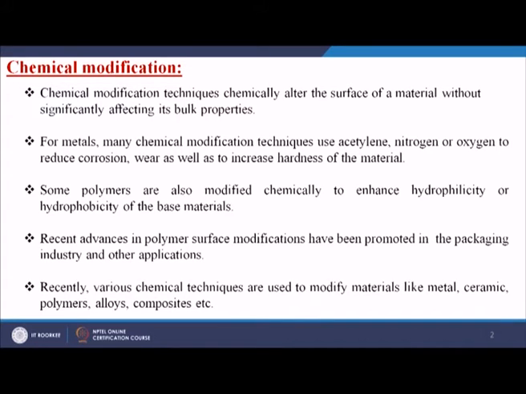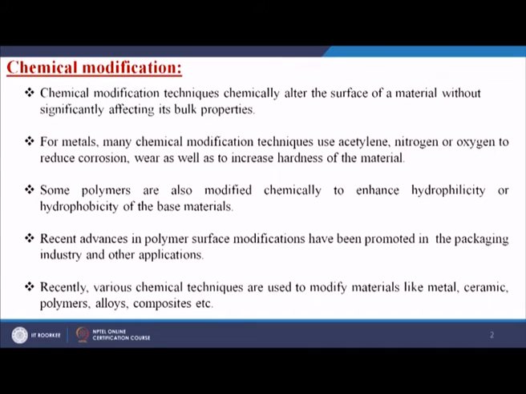Some polymers are also modified chemically to enhance the hydrophilicity or the hydrophobicity of the base materials. As I already told in my previous lecture, we can change the material characteristics also. If a material possesses hydrophilicity, we can change it into hydrophobicity, or vice versa. Recent advances in polymer surface modification have been promoted in the packing industry and other applications.